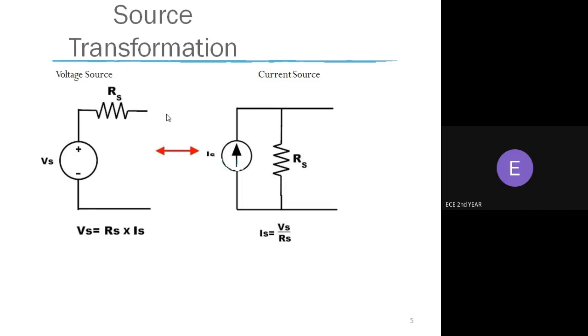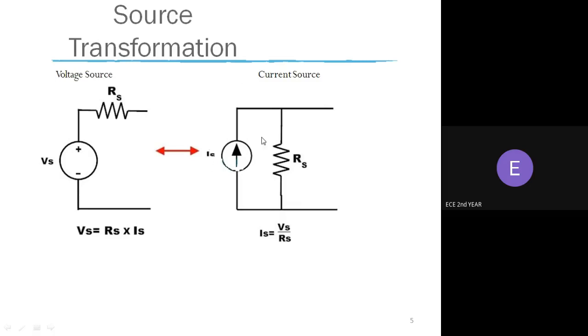A voltage source has to be converted into a current source with the voltage source Vs and the series resistance Rs. Here the voltage source will be converted into the current source.